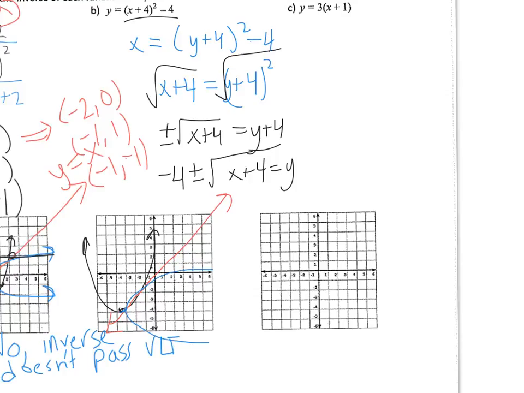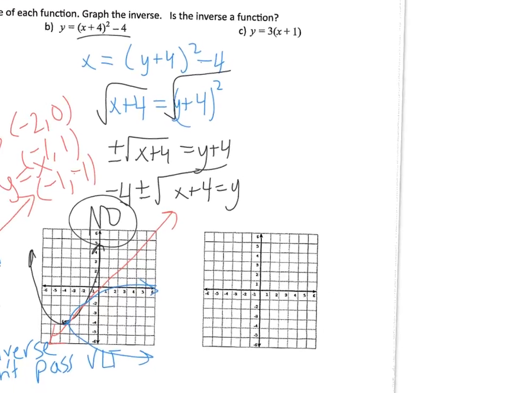It's going to look something like this. So check out the original function. The original function does not pass the horizontal line test, and the inverse does not pass the vertical line test either, so no, the inverse is not a function.